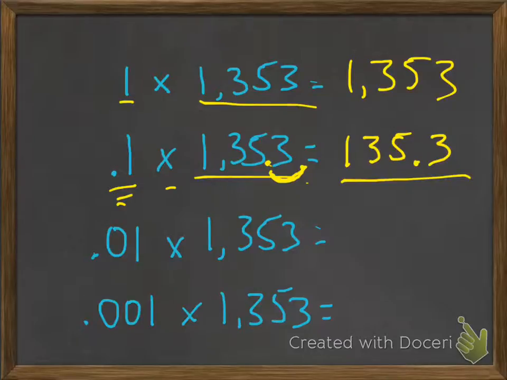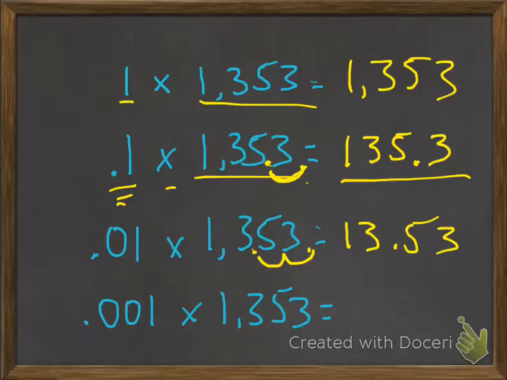Now, following that pattern, if our decimal is here in our whole number, and now we're finding 1/100th of 1,353, what we do is we take that decimal and we back it up 2 places, because we're finding 1/100th of that 1,353. The decimal now lies between the other 3 and 5, and we have now a value of 13 and 53/100ths.